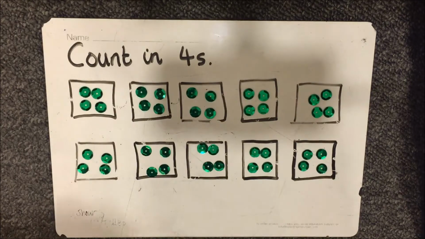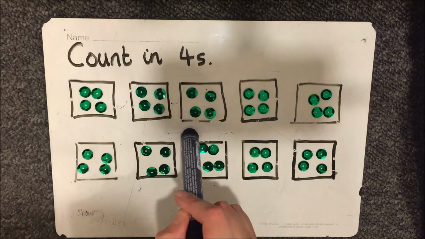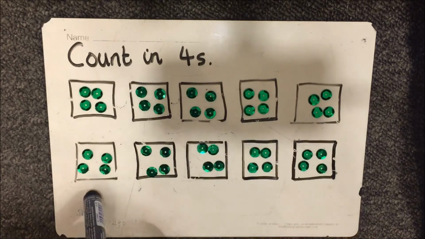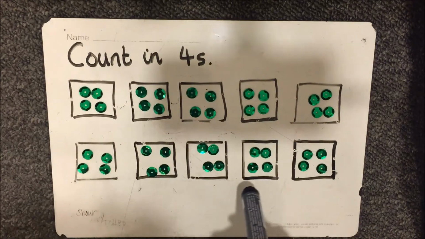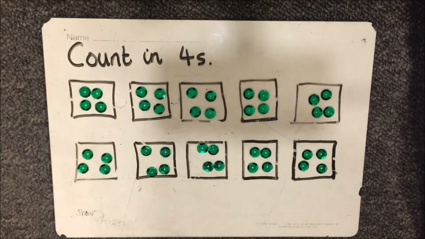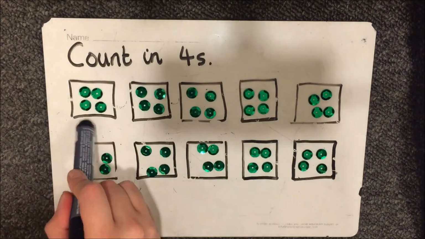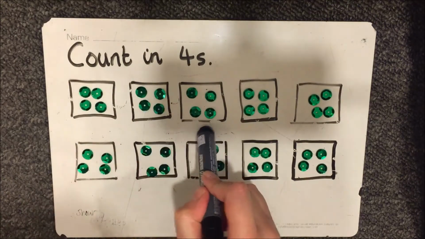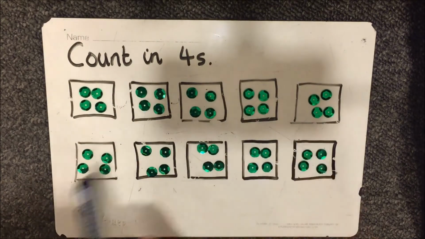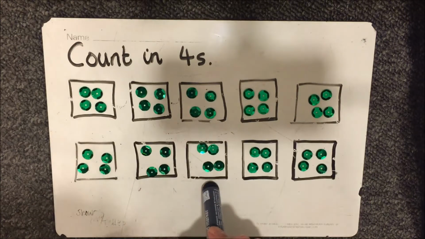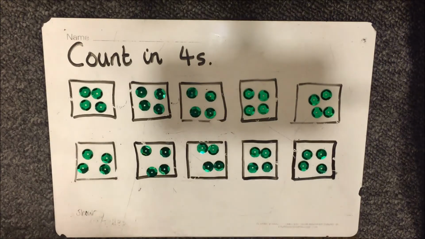Off we go. 4, 8, 12, 16, 20, 24, 28, 32, 36, 40. Now it's my turn to point and you say, ready? Off we go. Did you manage it? If you need a bit more practice, you can do this first bit of the video again.